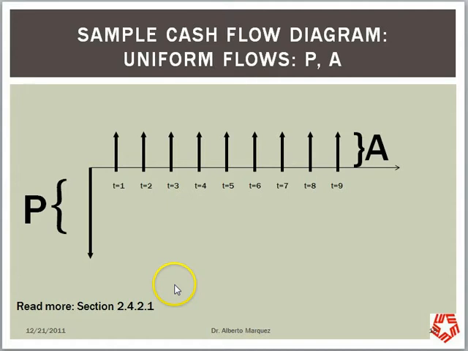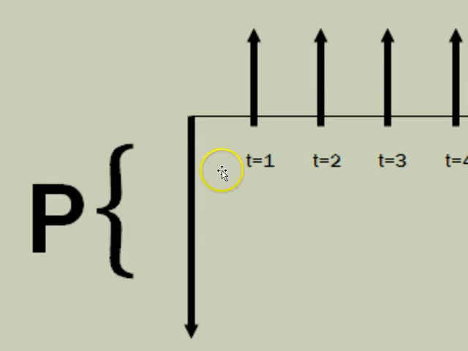Since all of them are for the same amount, we can use these formulas to make one single computation to compute, say for instance, the present value. Now, as you can see here, there is a period of separation between the first annuity and the present, and that's a characteristic that we will need to take care of when we properly model these cash flows in order to solve the problems.